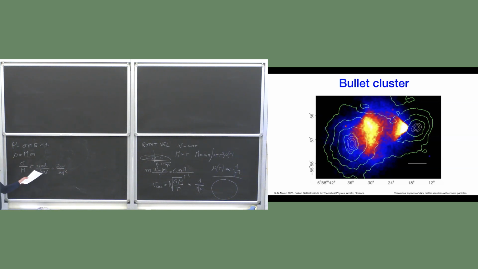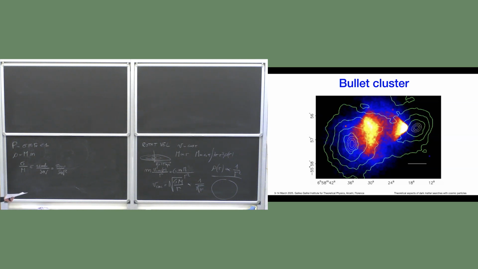Now, do you remember what was the number we wrote yesterday for strong interactions? This was roughly 40, 50, right? Millibarn. So this means that for the observation of the Bullet cluster, we see that the self-interaction cross-section of dark matter should be much, much smaller than the one of strong interactions, okay?